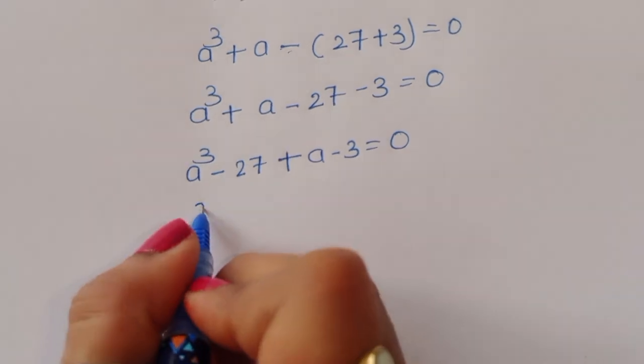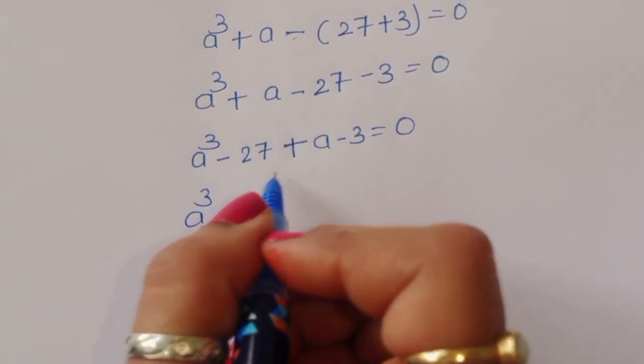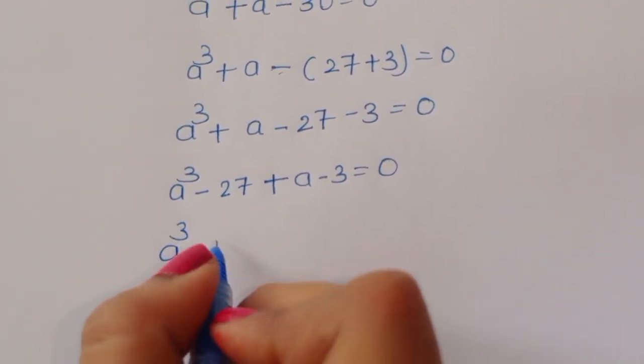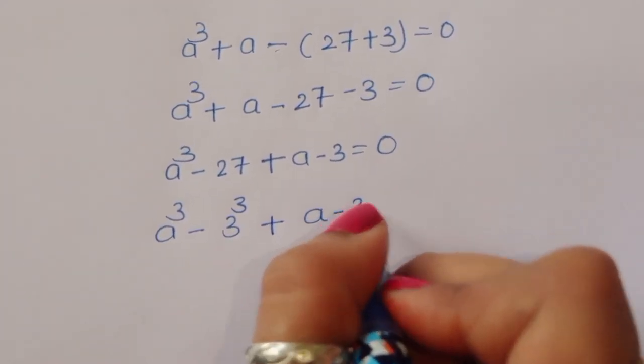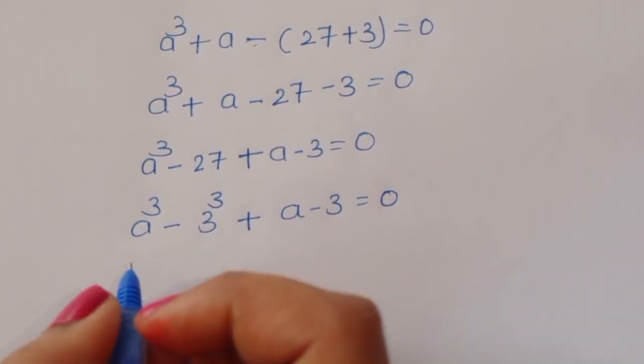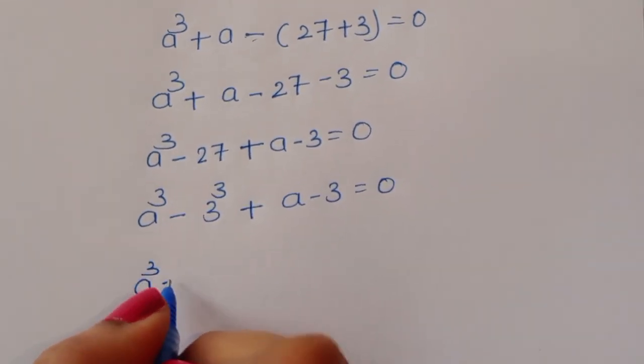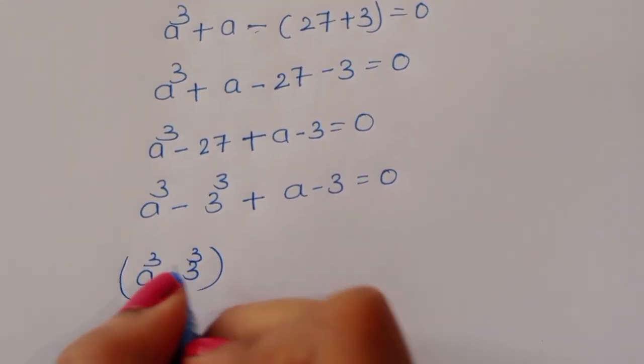Now a power 3 minus 27. We can write 27 as 3 power 3. So a power 3 minus 3 power 3, plus a minus 3 is equal to 0. Now this is the form of a cube minus b cube, right?